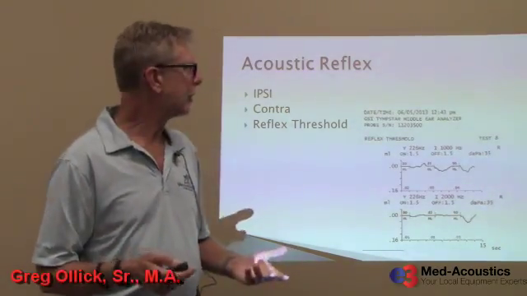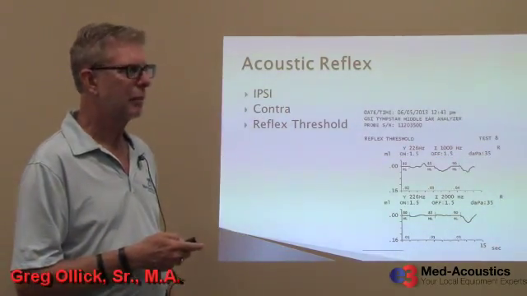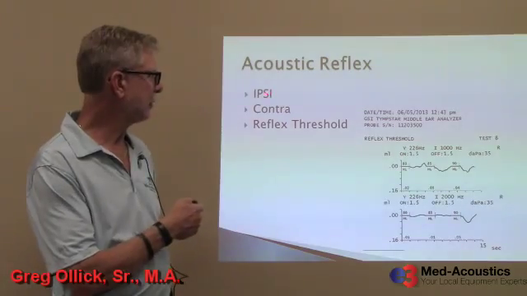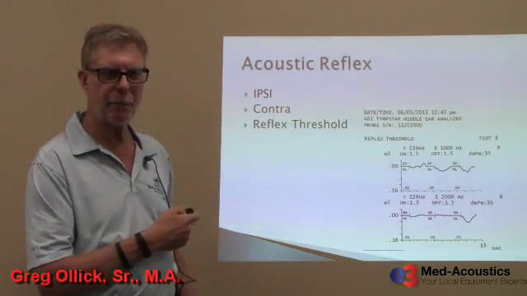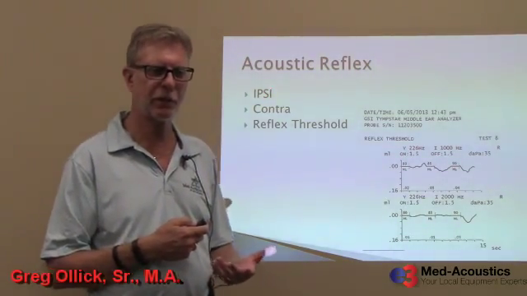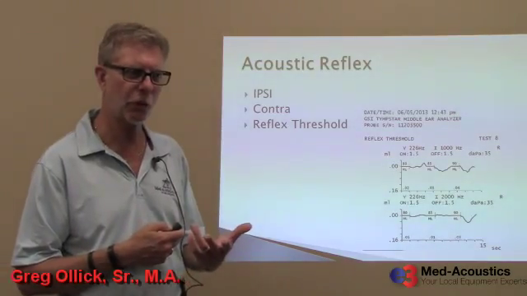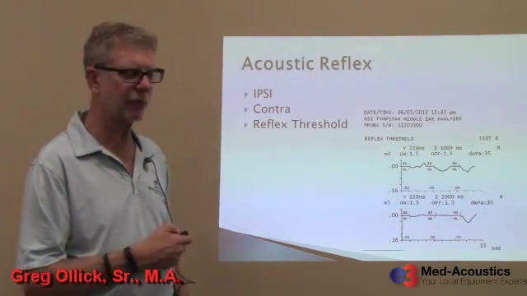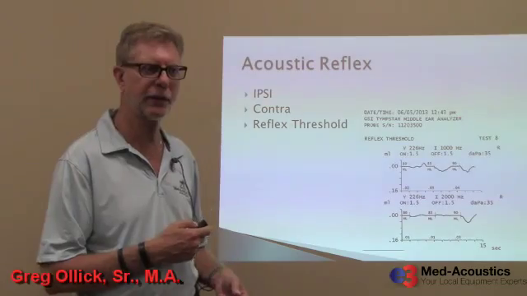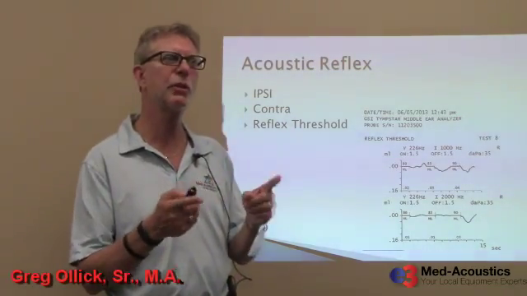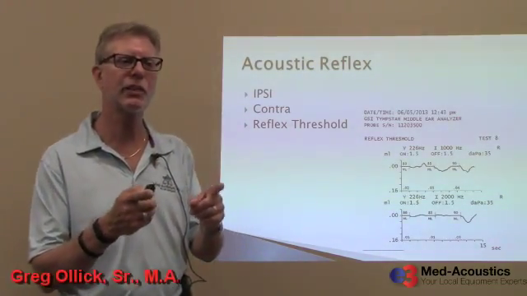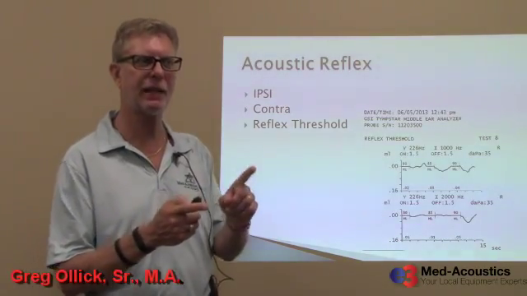So let's talk about the acoustic reflex. On middle ear analyzers, naturally, you can do this ipsilaterally, where the reflex stimulus is in the same ear as the probe, or contralaterally, where the stimulus is in the other ear. By having ipsi and contra, you have a little more diagnostic capability than if you only had ipsilateral.